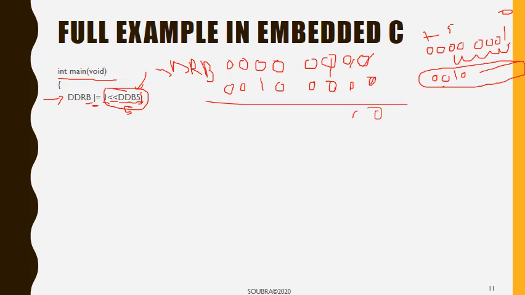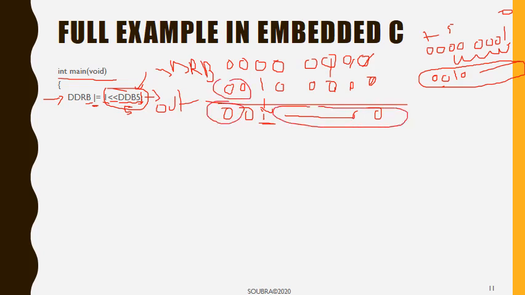So I'm having zeros here, and the only one that is affected, now I have a 1 here. So I know now that my DDB5 pin is an output, and all of the others, check them out, they are still inputs with the value 0. Perfect.